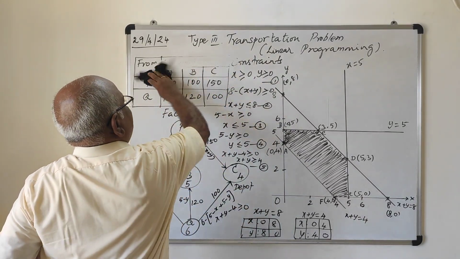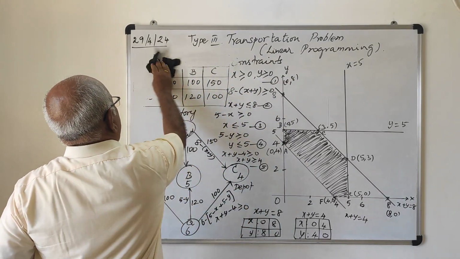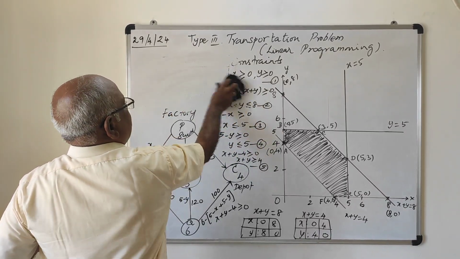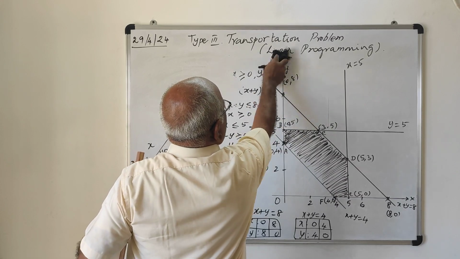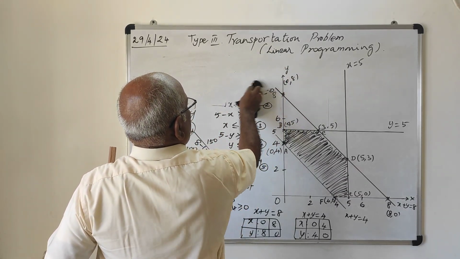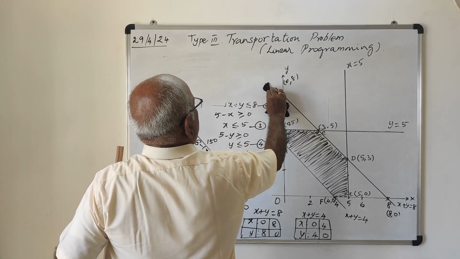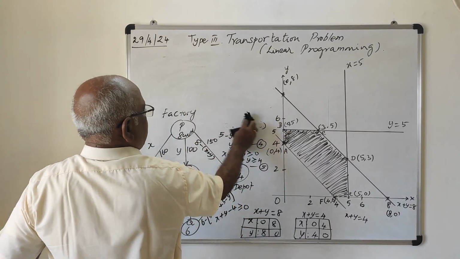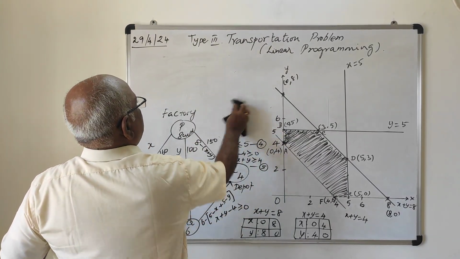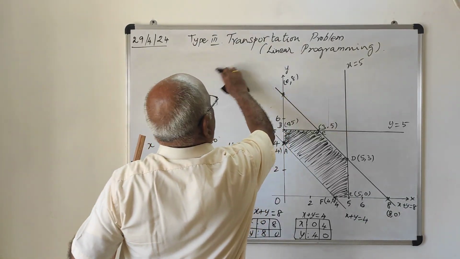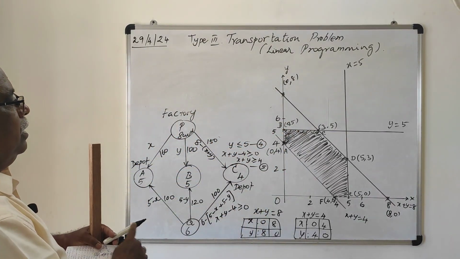I am going to erase here. This table we don't want now. And the constraints also. Since we have drawn the graph, we can erase these constraints also. Okay. Now I want the equation of the bounded region.